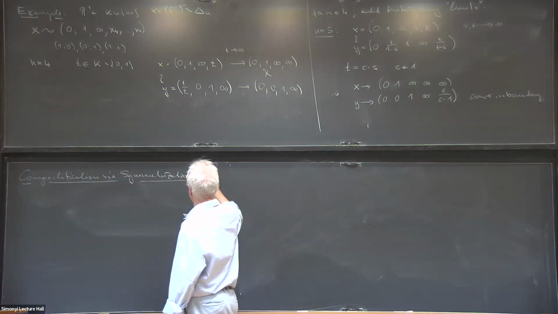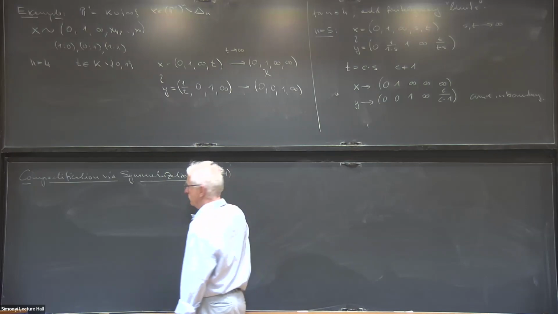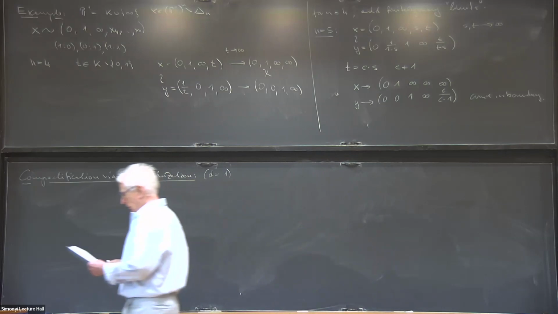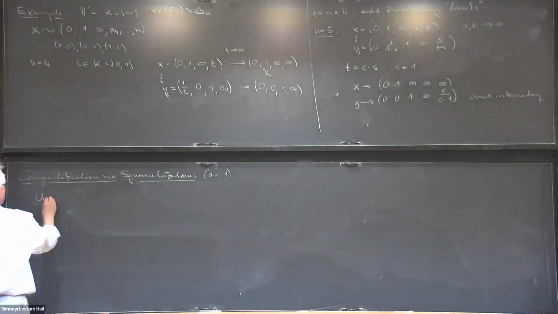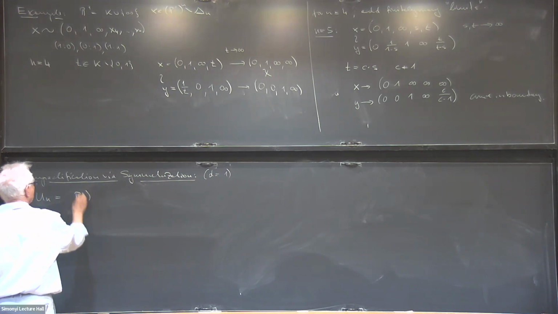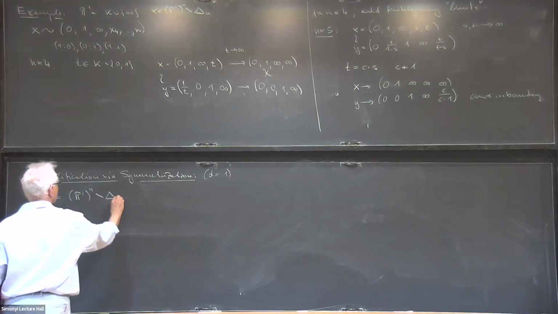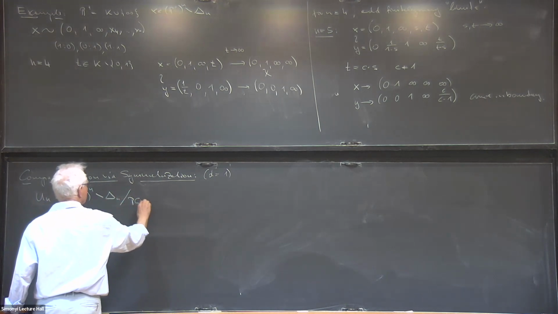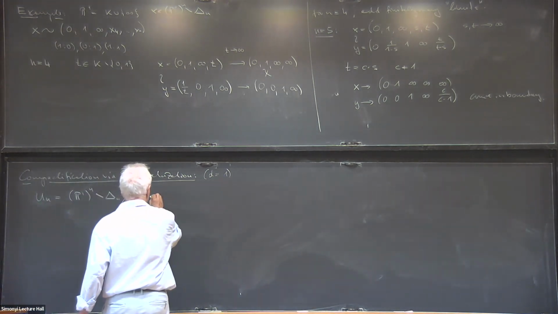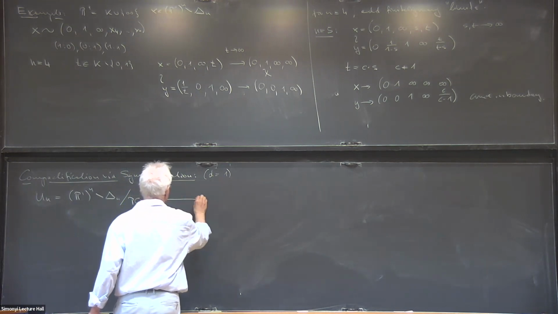I take again d equals 1. If I have time, I'll do it also for d equals 2 and d equals 3. So we have U_n, let me repeat, this was P1^n minus Δ_n by PGL2. And we embed this as follows.